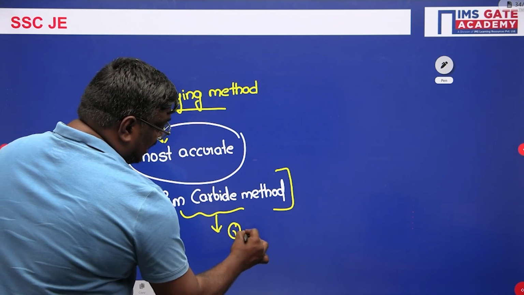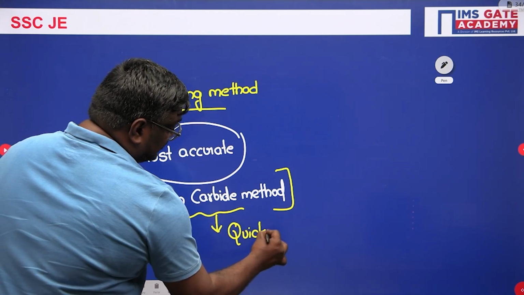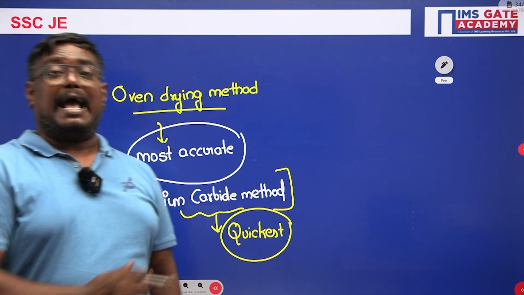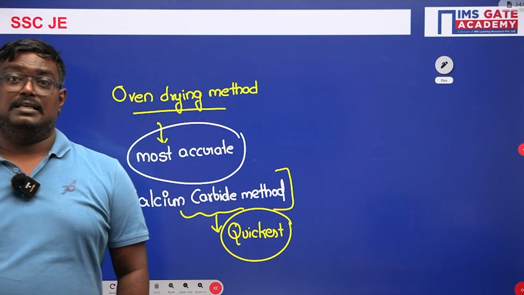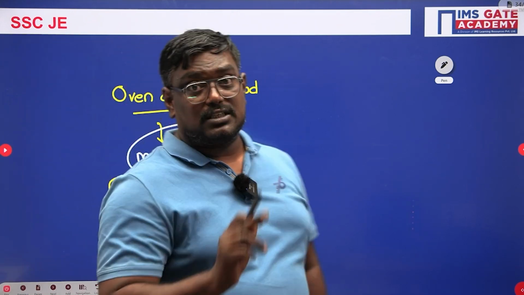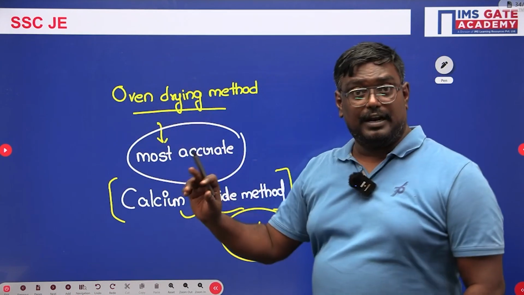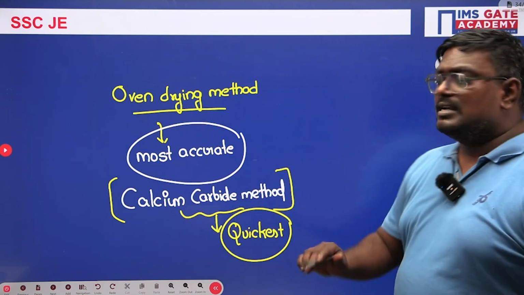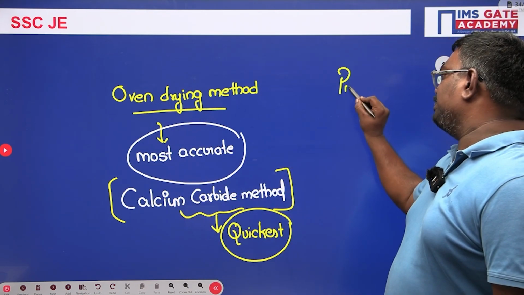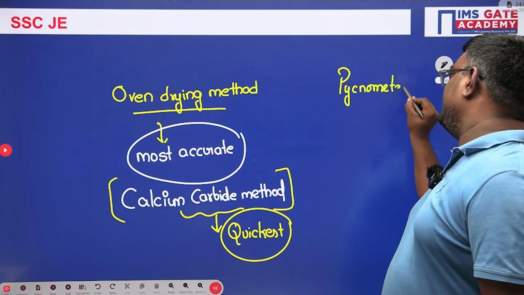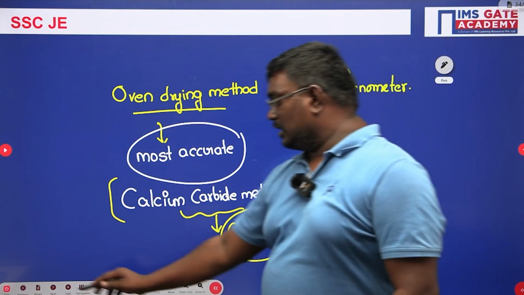The gas released in the calcium carbide method is acetylene gas. So here you should understand: the most accurate method for water content is oven drying, and the fastest method is calcium carbide. Similarly, we have other methods like the pycnometer method, the alcohol method, radiation methods and all. I hope you are clear with this.